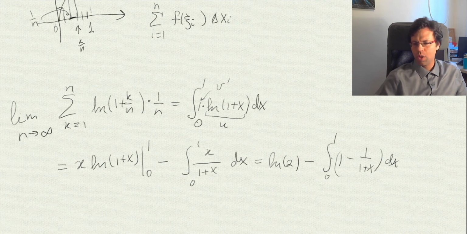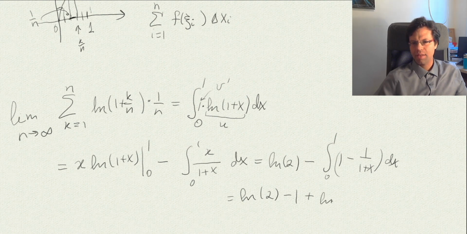The integral of 1 is obviously going to be 1, so this is the natural logarithm of 2 minus 1, and then we have plus the integral, because minus minus is plus, of 1 over 1 plus x, which is the natural logarithm of 1 plus x. When we compute it from 0 to 1, this gives again the natural logarithm of 2, and so our answer is twice the natural logarithm of 2 minus 1.